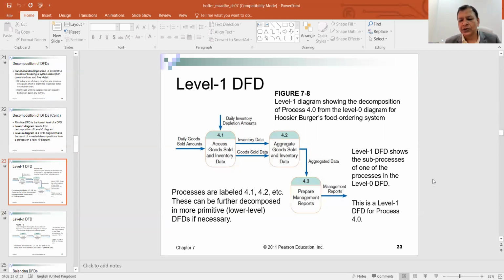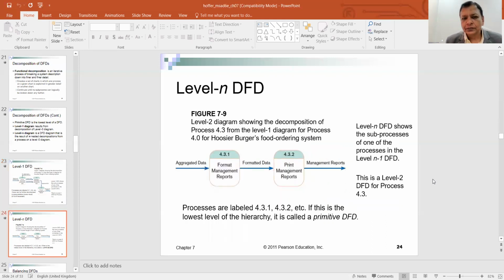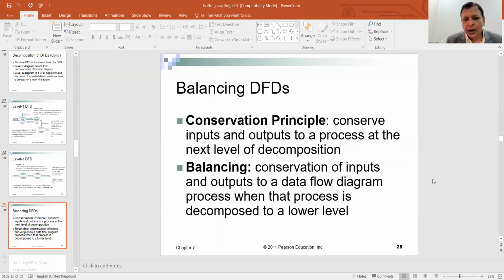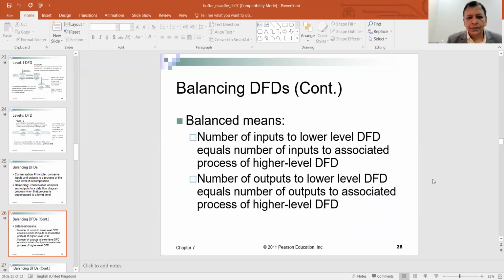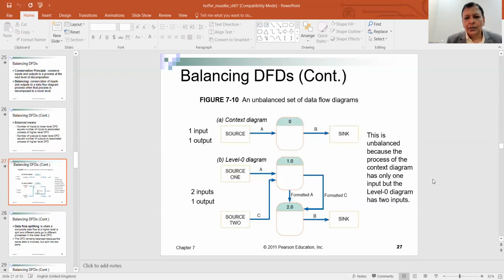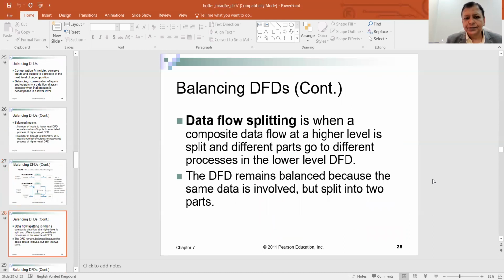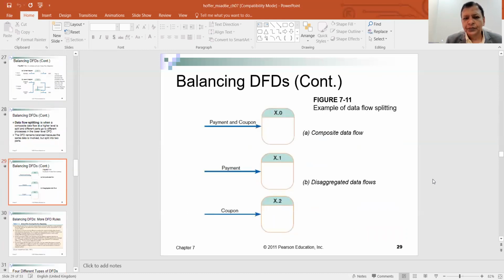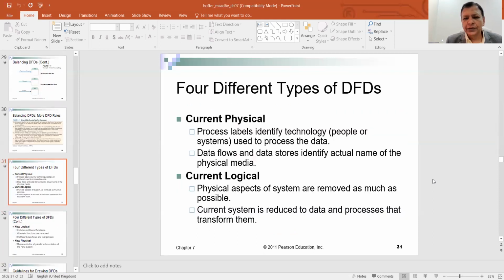Prepare management reports 4.3. Similarly, each process can be decomposed into further sub-processes until we reach the most primitive level and we cannot divide it further. So these are different examples to show for the data flow diagrams.